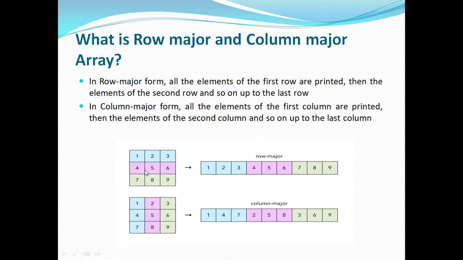Then the second row 4, 5, 6 will be stored next to this, and the third row 7, 8, 9 will be stored next to 4, 5, 6. But in the column measure, the first column, that is 1, 4, 7, will be stored sequentially, then the second column 2, 5, 8, and then 3, 6, 9 will be stored in sequential manner.